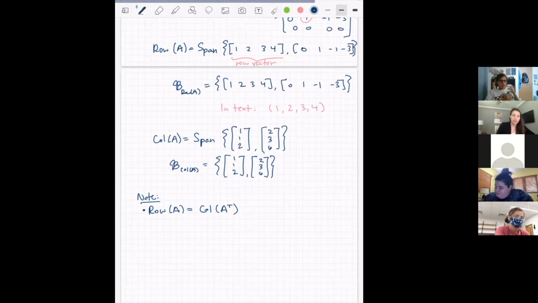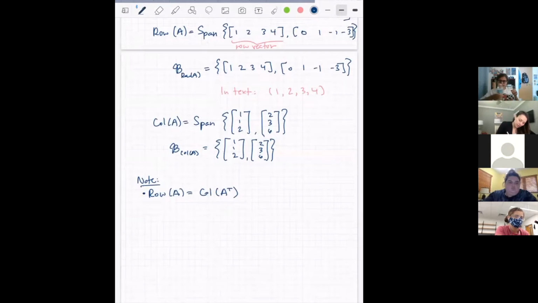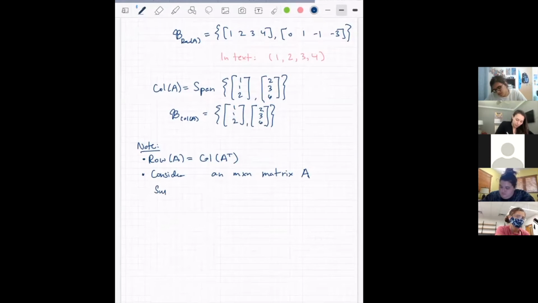Okay. Another thing to notice. Consider an m by n matrix A, and suppose the rank of A is some number R, right?